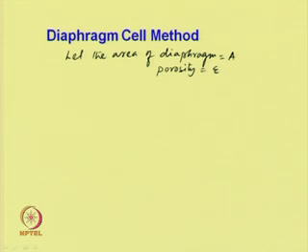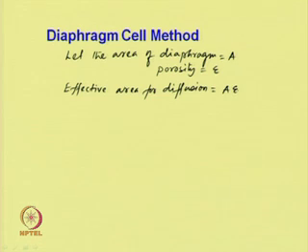So, the effective area for diffusion is A epsilon. The diffusion path is not uniform.